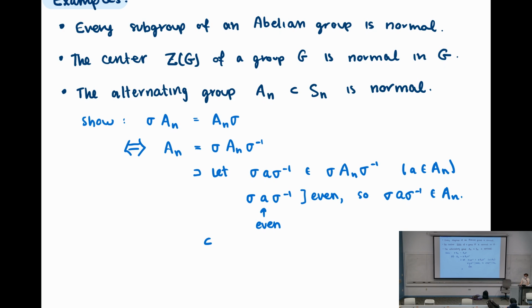So if I have, let's say, an a in A sub n, how to see that a is also in, so we would need to show a is in sigma A sub n sigma inverse.